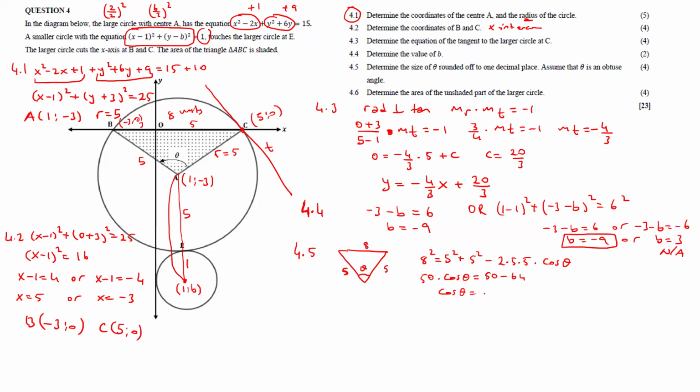Cos theta is equal to negative 14 over 50. If you use shift cos of negative 14 over 50, that's going to give us theta is equal to 106,3, since it says round off to one decimal place.